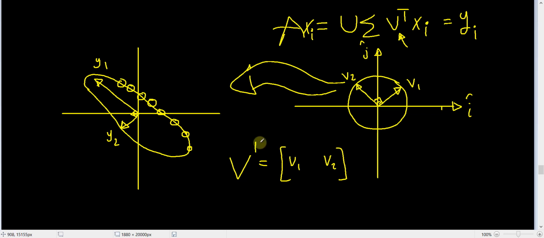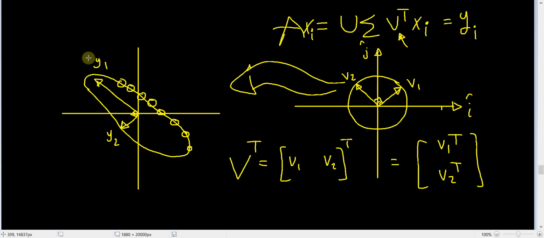So V transpose, which is the inverse of this, which is equal to V1 transpose and V2 transpose, will do the opposite rotation. It will transform V1 into i cap and V2 into j cap. So those vectors x1 and x2 are actually the perpendicular bases for the row space of the matrix.